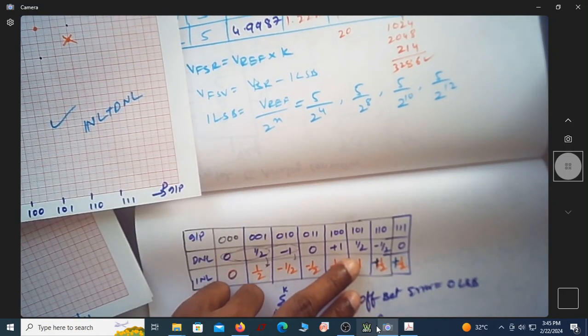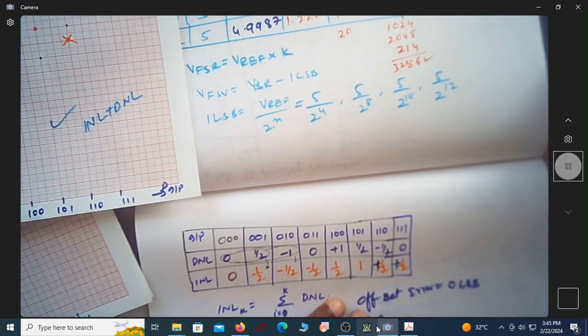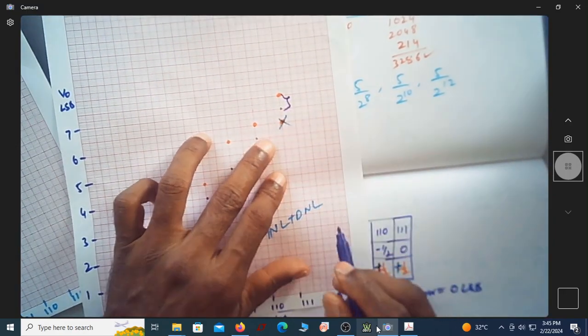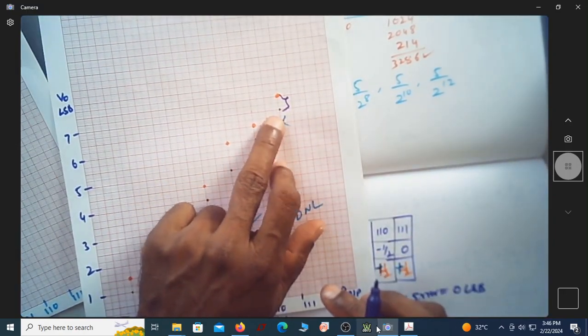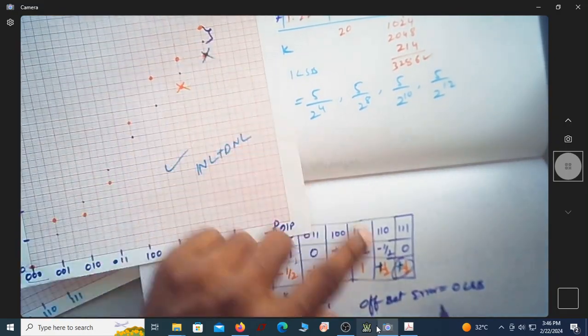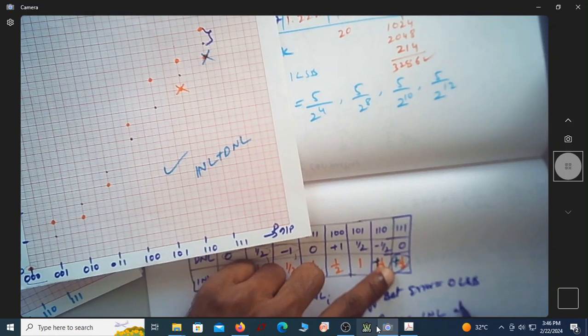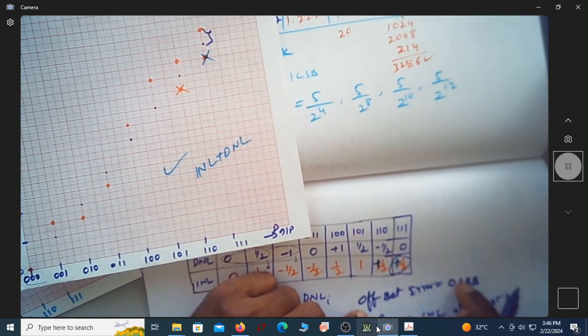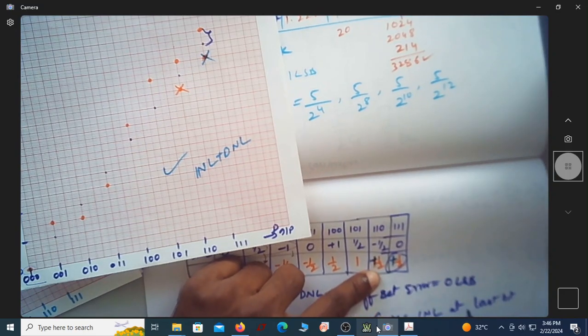And what is gain error? After making the offset error 0, whatever error happens at the final bit is your gain error. So if you look here, what is the INL at the last bit? The INL at the last bit, after the offset error is made 0 LSB, is nothing but your gain error.